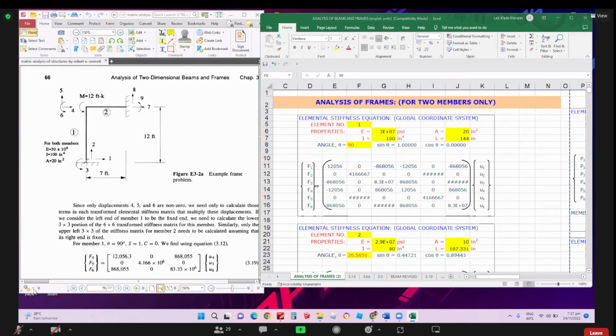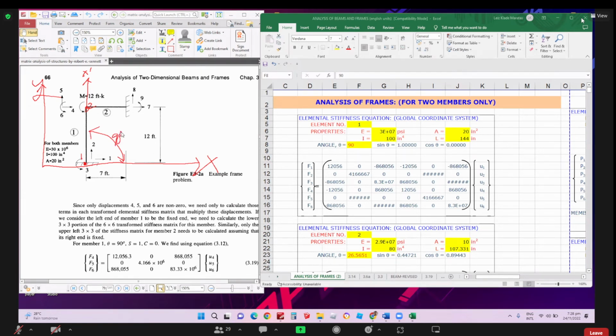The member goes from node 1 to node 2, so it is along my local x and my global x, y. The angle from the global x to the local x should be 90 degrees.